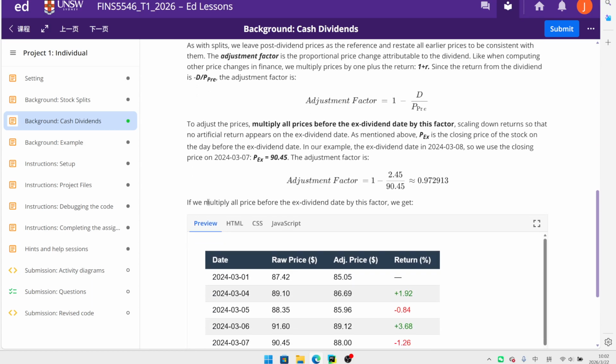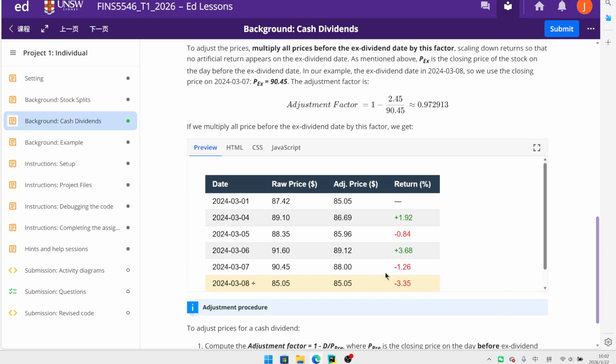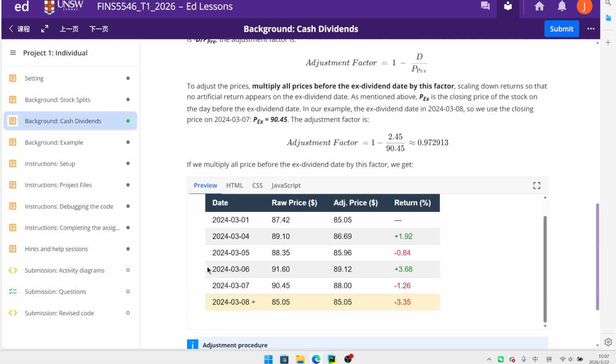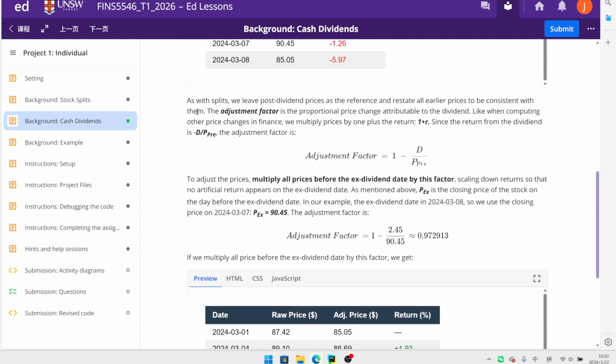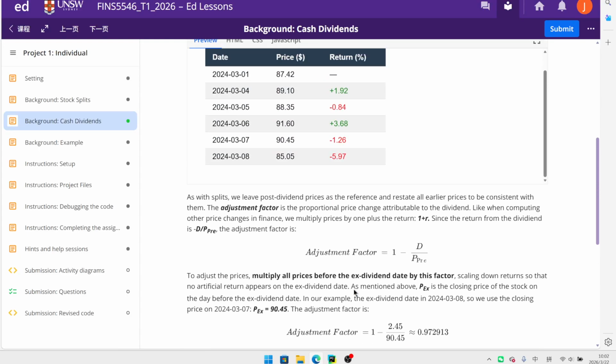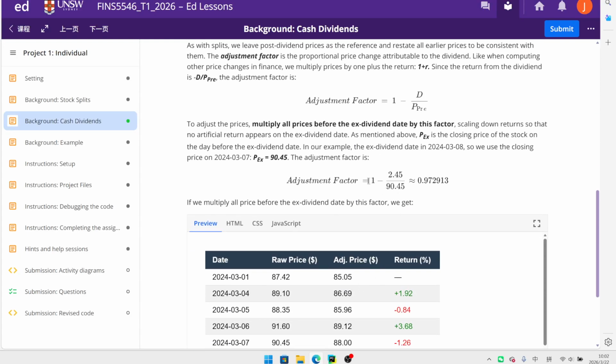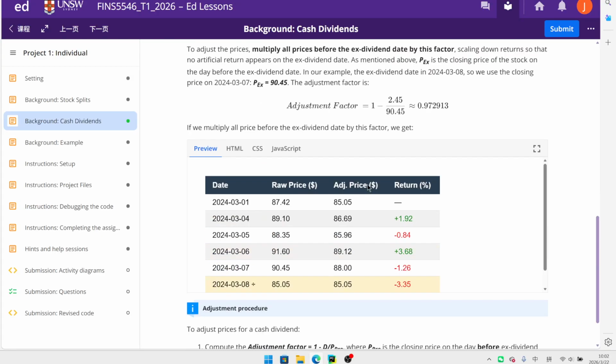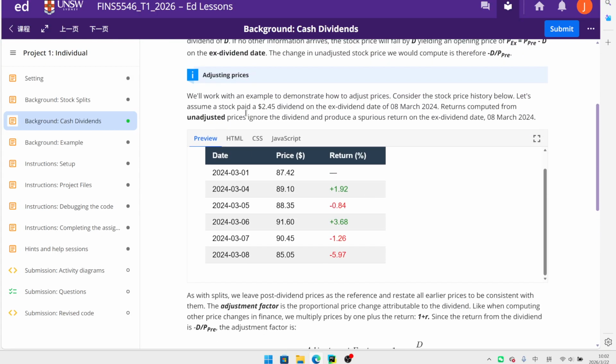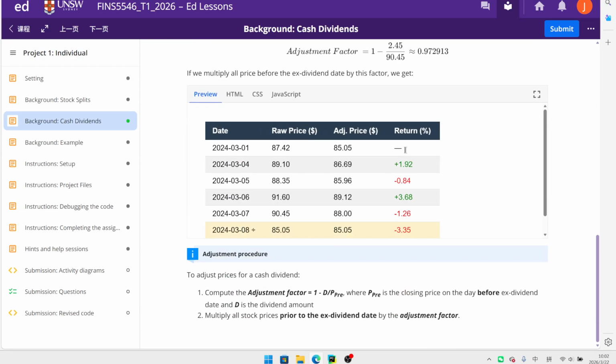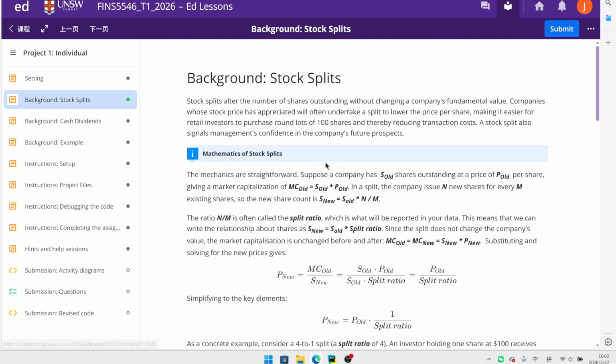If we multiply all prices before the ex-dividend date by the factor, we get the adjusted prices. The price will change with March 8th. Yes, correct.